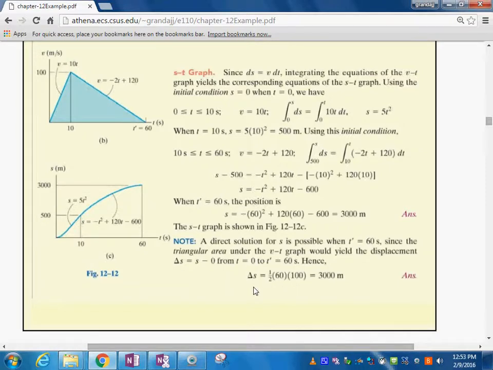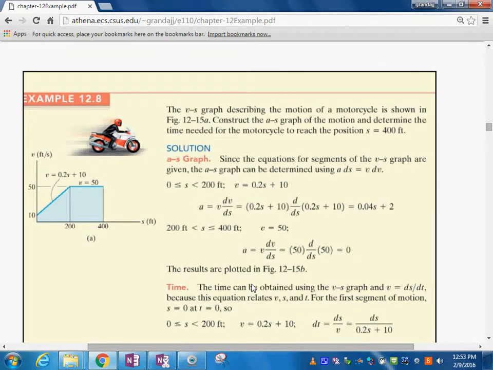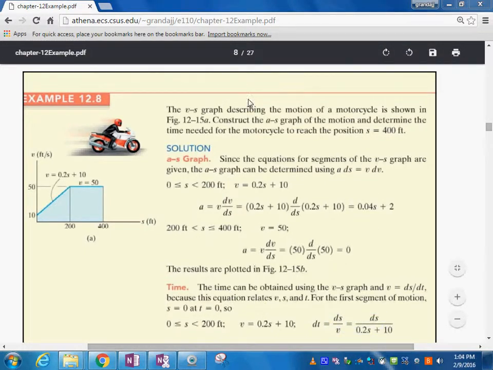It says construct the acceleration-position graph of the motion and determine the time needed for the motorcycle to reach the position of 400 feet.